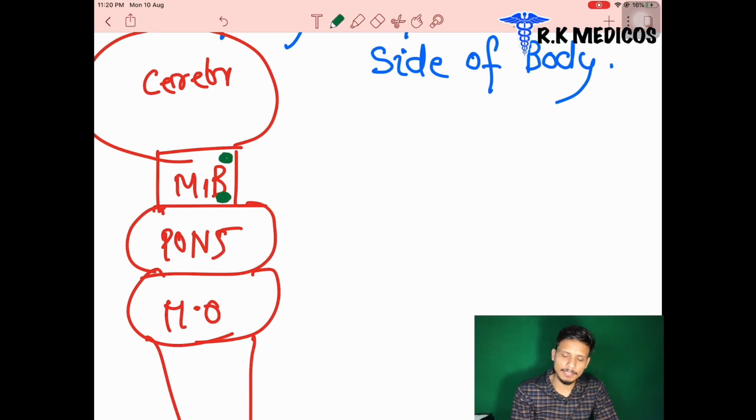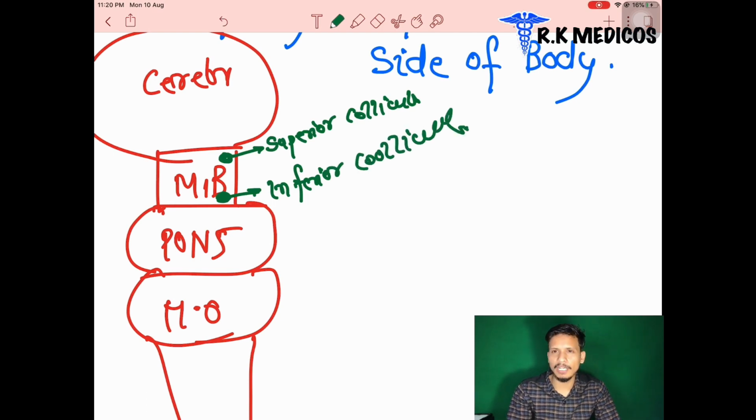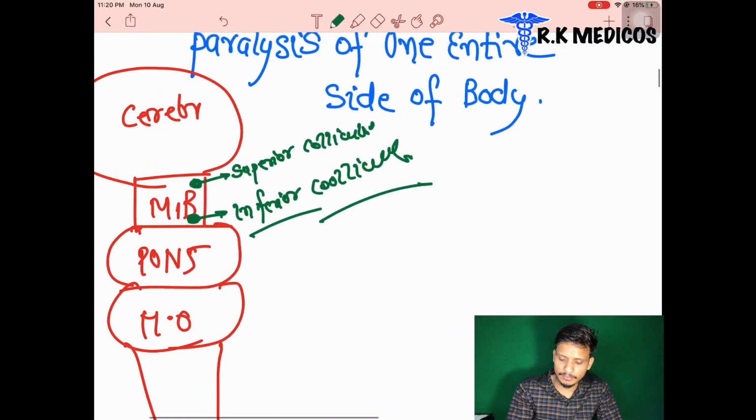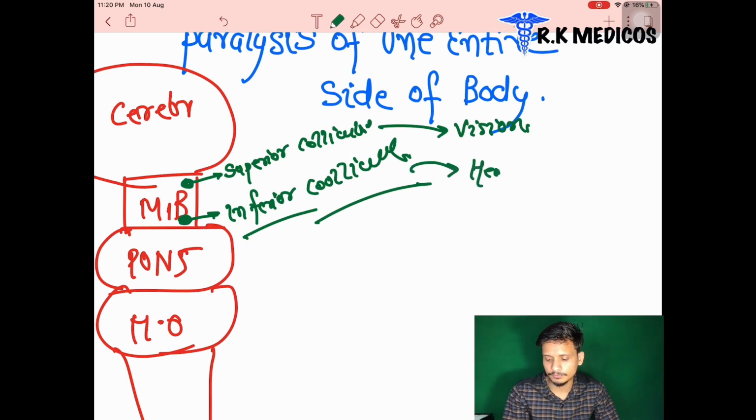The nuclei in the superior part are called the superior colliculi, and in the inferior part the nuclei are called the inferior colliculi. Superior colliculi regulate vision, or visual activity, and inferior colliculi regulate hearing and balancing.